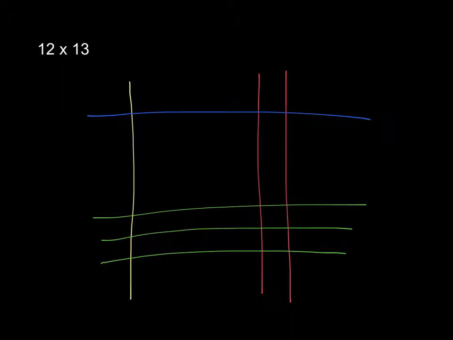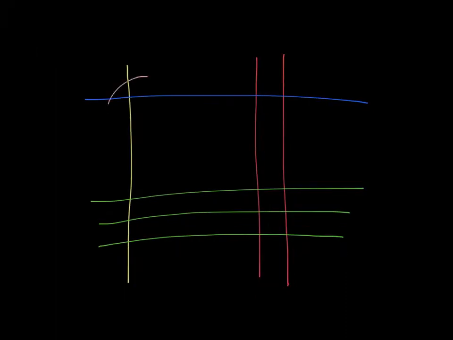And when I look at it, I have 1 10 and 2 ones multiplied by one more 10 and 3 ones. Now at this first intersection here, what I'm really saying is 10 times 10, because I have a vertical 10 and a horizontal 10. So I know that's going to be in hundreds.